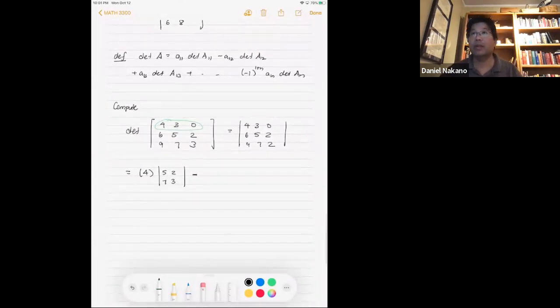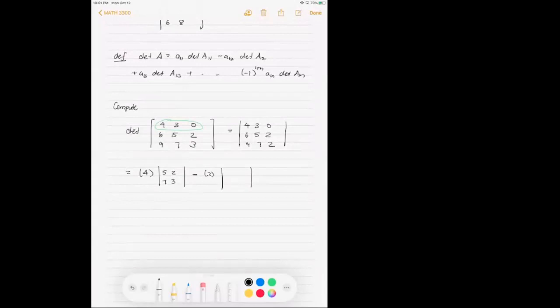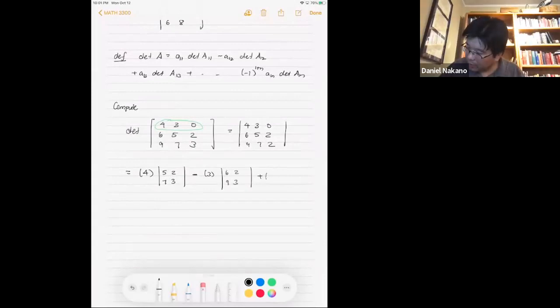Notice in the definition, we have a minus sign. So we have minus 3. Now we take the submatrix obtained by taking out the first row and the second column. What submatrix do we get there? 6, 2, 9, 3. Good. And the last one is 0, and then we just get 6, 5, 9, 7.